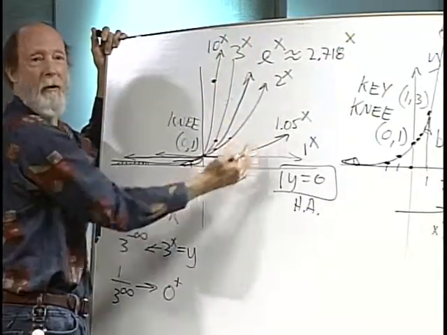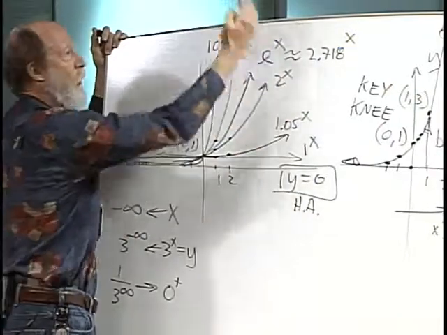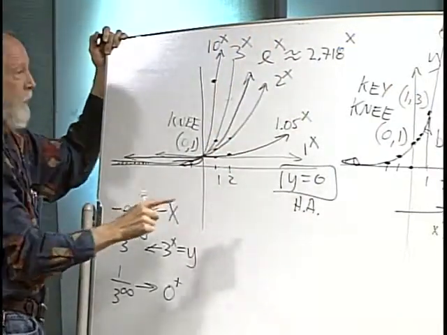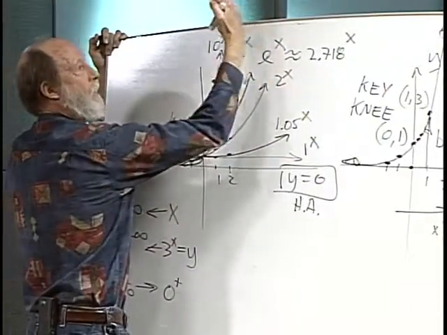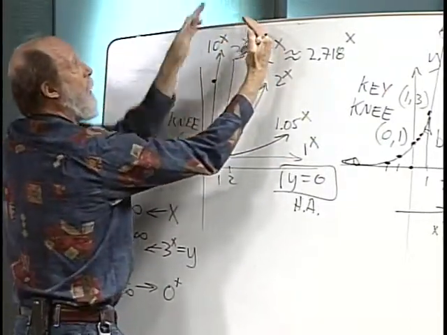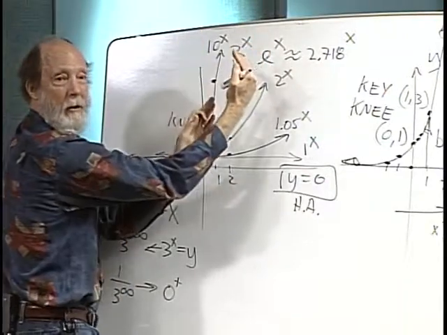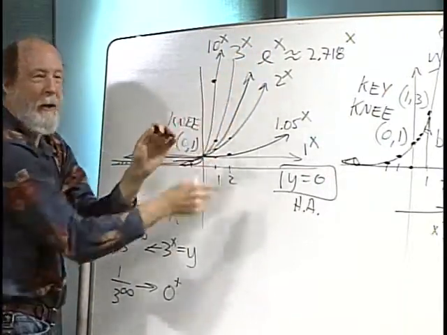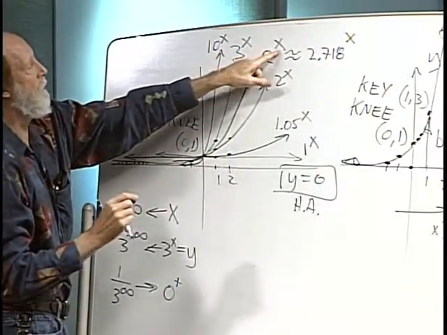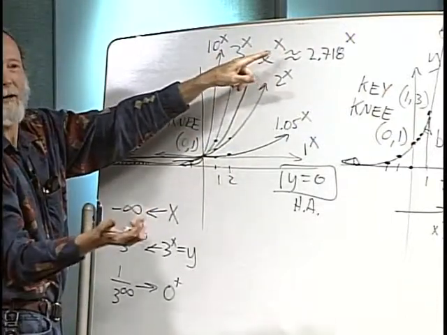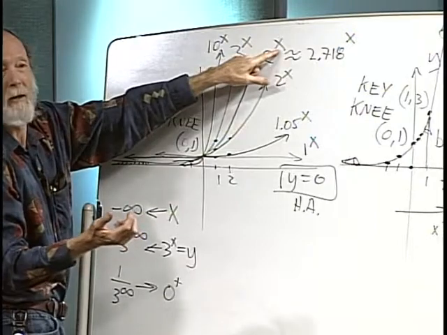It wouldn't be a function. Is that what you're getting at? Good point. Will it ever roll back over itself to where it would have 2 or more y values? No. Think of any of these bases here. Think of putting an x value in. How many y values do you get? You only get 1.